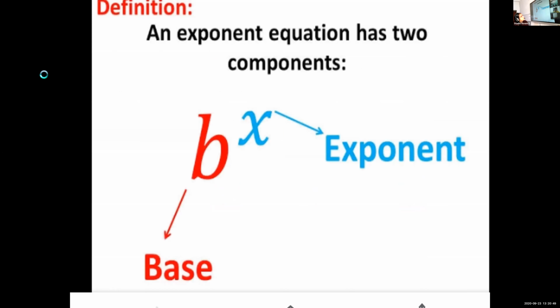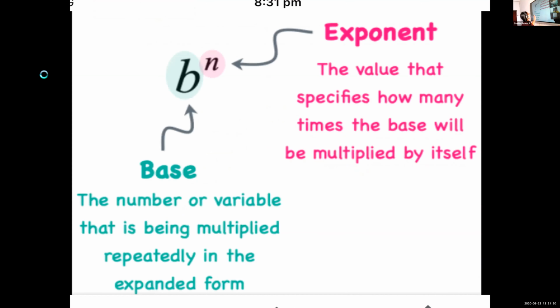So definition, Adikesh, read. An exponent has two components: base and exponent. B raised to x. We can read it as B raised to the power x. And x is known as exponent and B is base. I will show you some more examples.